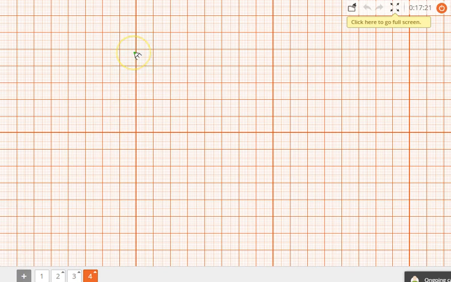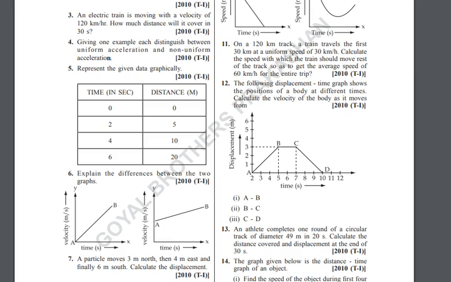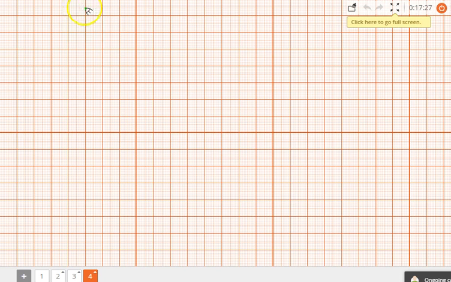They have given time and distance. Generally, on the x-axis, mention time. On the y-axis, distance d.